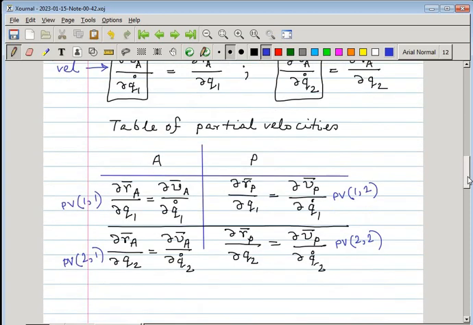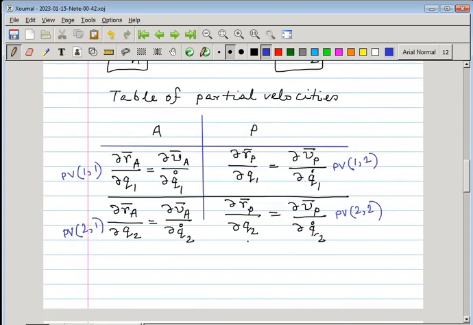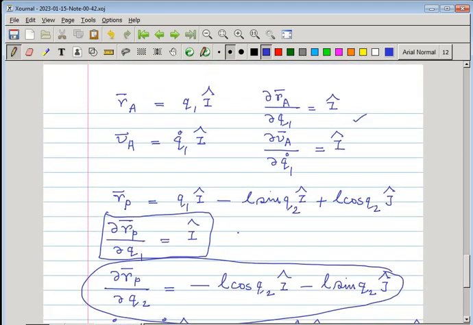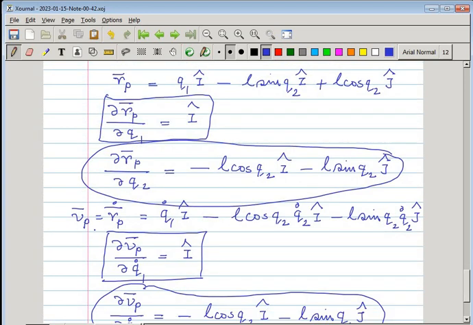Similarly, del VP del Q dot has to be equal to del RP del Q. And you can check whether it is so. If you write RP, then del RP del Q1 is I, and you calculate the velocity VP by differentiating it, and see del VP del Q1 dot is also I. So this and this are same and has to be.